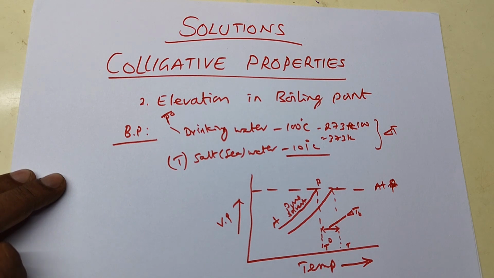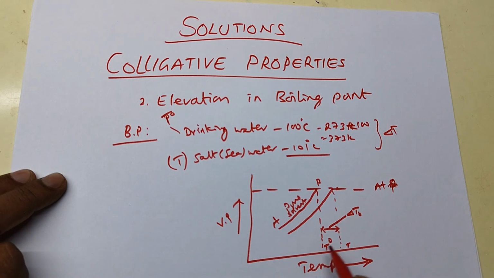Now you have to see why there is an increase in the solution case. If it is a pure solvent, only the solvent molecules are there. If a salt or non-volatile solute is added, for example sea water containing a lot of salts, there is an interaction between the salt and the solvent molecules.